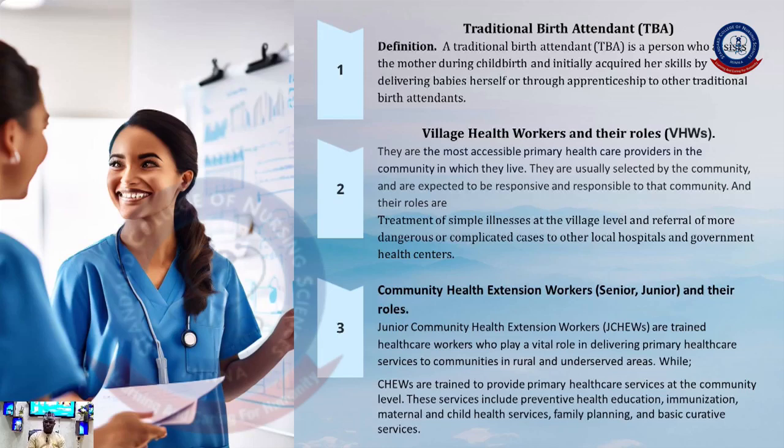The junior CHEWs mostly stay in the rural areas, while the CHEWs mostly stay in the organized settings of primary healthcare. So if any case happens downstream in the communities, the junior CHEWs are the closest people to them, and they refer them to facilities. At that community level, the CHEWs are there to receive them.